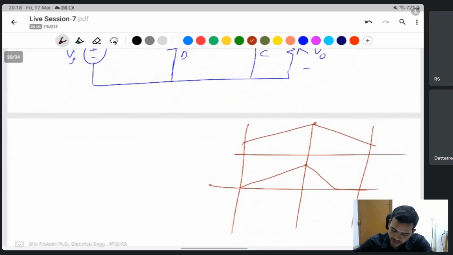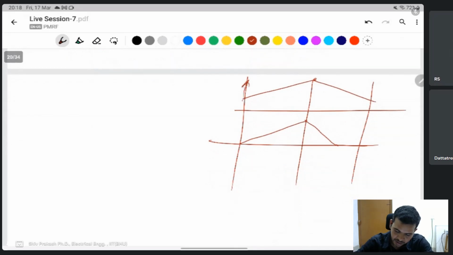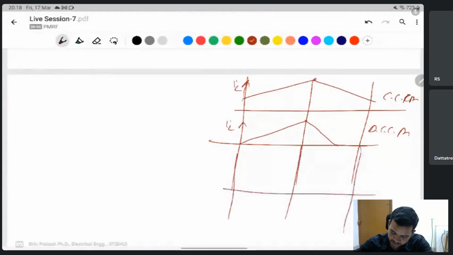I have taken IL in three conditions: delta IL in the continuous conduction mode, this one discontinuous conduction mode, and another. Do you know about the synchronous buck converter?